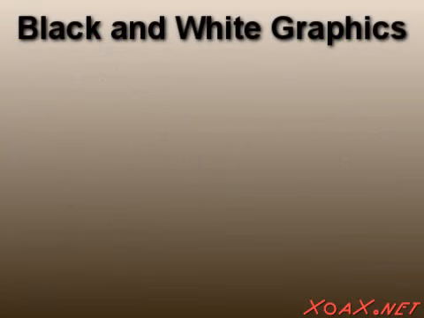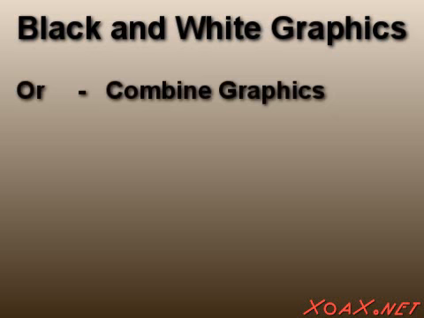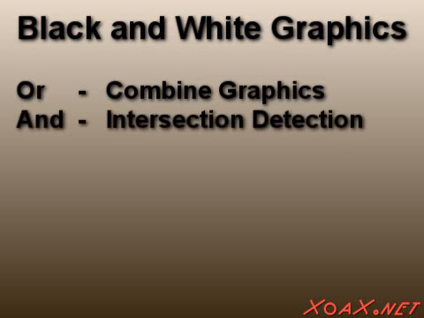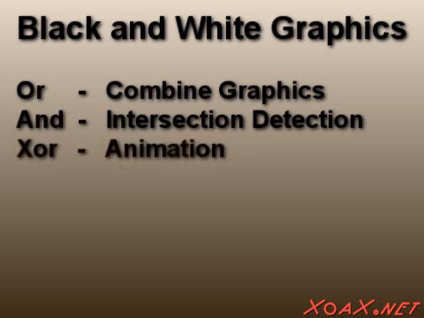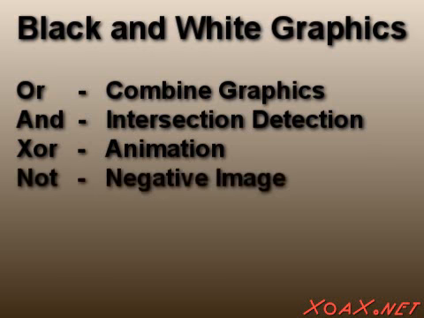For simple black and white graphics, we can use bitwise logical operators to combine two graphics with OR, perform intersection detection with AND, create easy animation with exclusive OR, and create negative graphics using NOT. Our third program illustrates this.